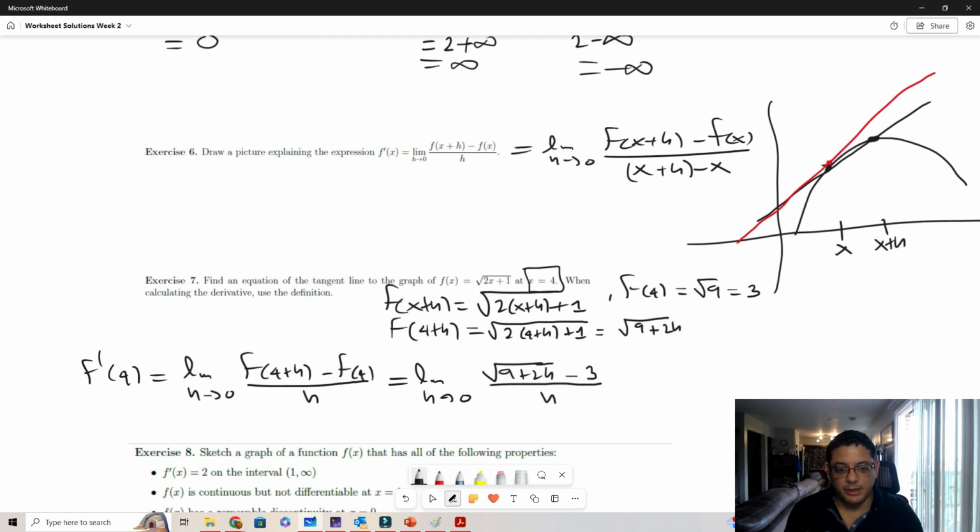Because you've seen it before. We need to use the conjugate to be able to make it so it's not 0 over 0. And so we want to get rid of the root. And so we multiply up and down by the square root of 9 plus 2h plus 3, so we can make the difference of squares.